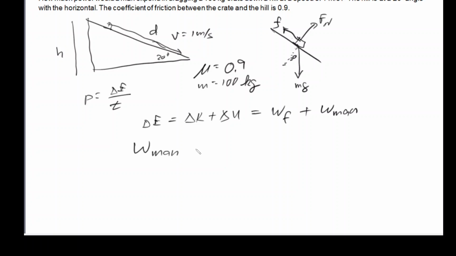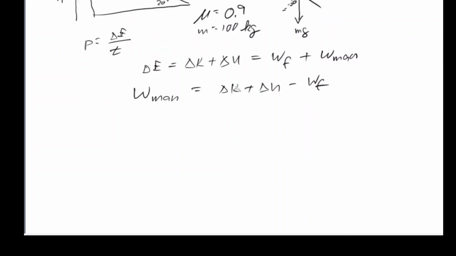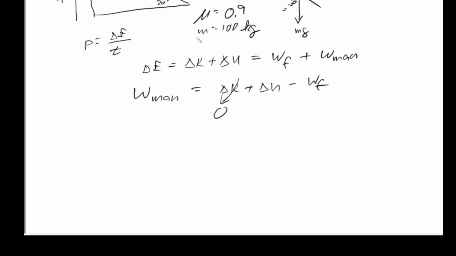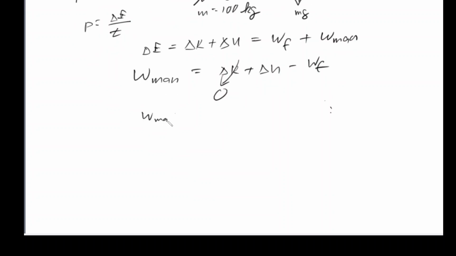Okay, so that's equal to change in kinetic energy plus change in potential energy minus the work done by friction. This is zero because it's moving at a constant velocity. The velocity at the top and the velocity at the bottom is the same, so the change in kinetic energy is zero. So the work of the man becomes the final potential energy minus the initial potential energy minus the work of friction.